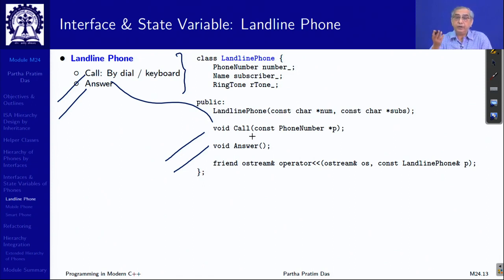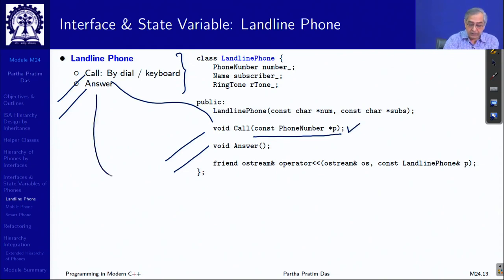What does it need to know for the call? At least it certainly needs to know the phone number. Here I have taken a const pointer, it could be a const reference also, it does not matter. The basic idea is that it has to make a call, and that is what is identified by this particular method.